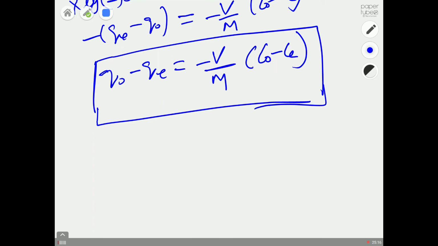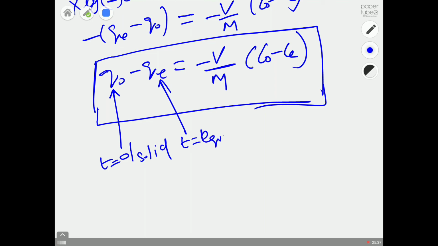So what we have in this relation is something that relates whatever happens at time t equal to 0. Let me write it here. We have Q0, your solid concentration when time t equal to 0, and then QE, your solid concentration when we reached equilibrium.